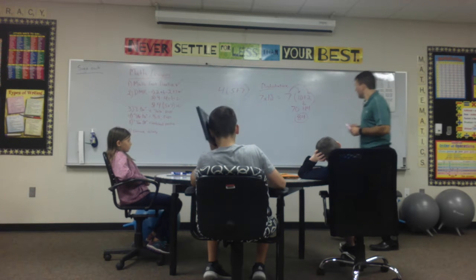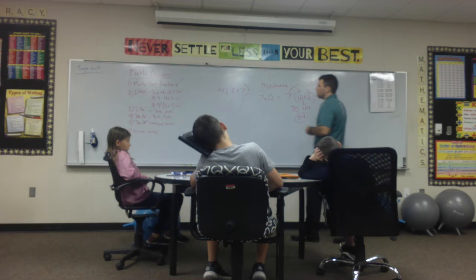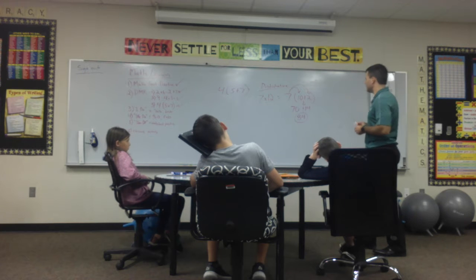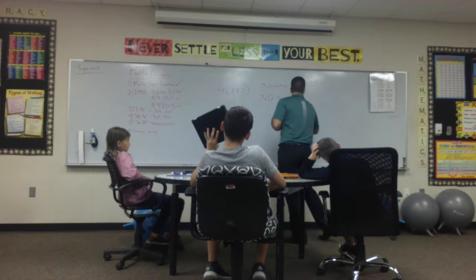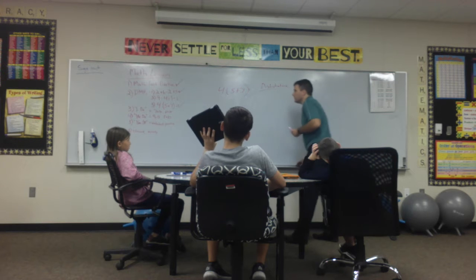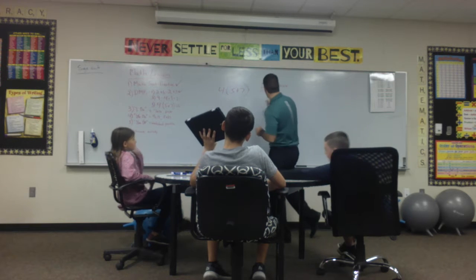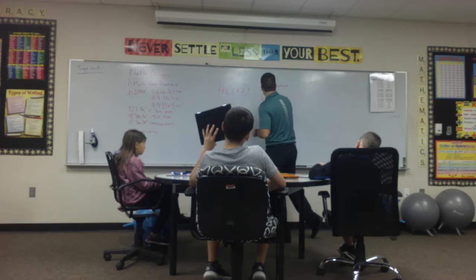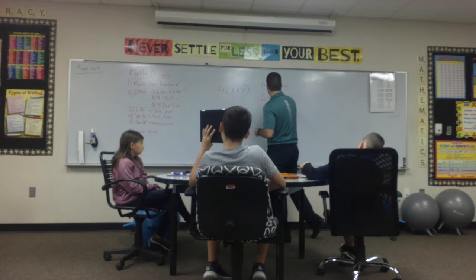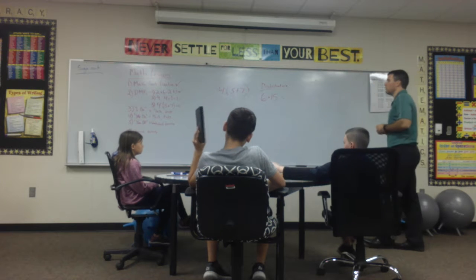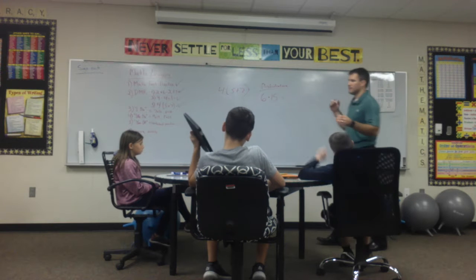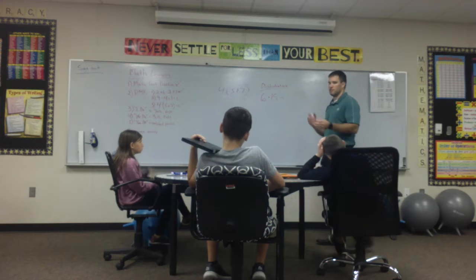Okay. So I will go ahead and do another example, and we will do 6 times 15. I'm going to look at this problem and think what factor makes sense to split up into two addends.